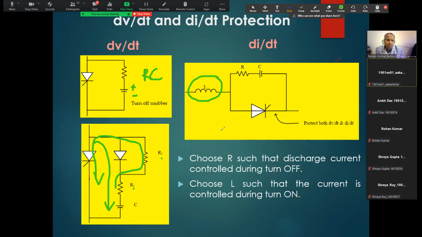The current changes slowly depending on the di by dt, L di by dt will develop. So a finite time is required to increase the current. That way this will slowly increase the current. So this way we can provide both dV by dt and di by dt protection.